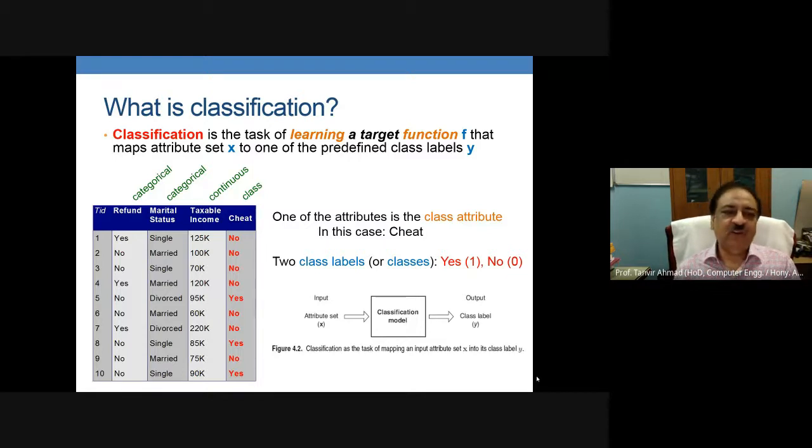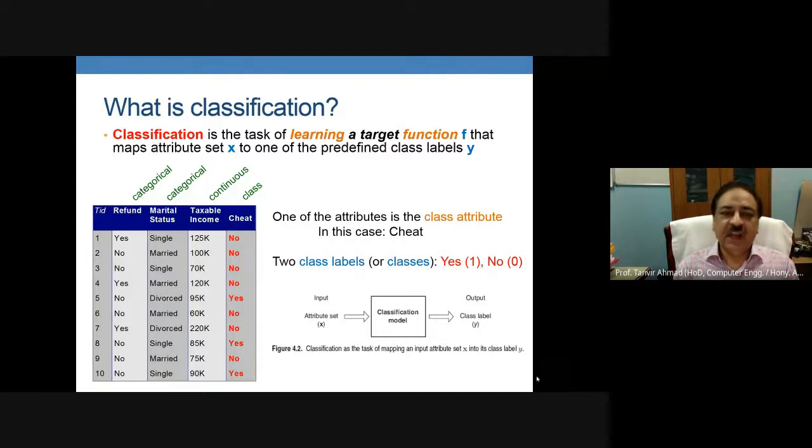Now, whenever you are trying to use a continuous value for classification, there is a problem that every data value can be unique. For example, the income of a person might be 100K, 110K, say 120K, 95K, 80K, and therefore each and every data value will end up creating a pure partition. Try to catch my word, pure.